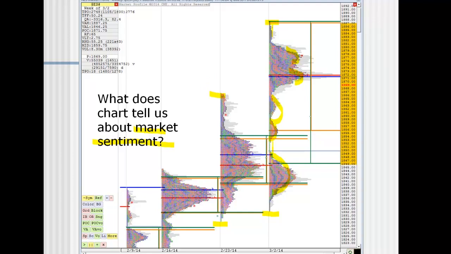Not only that, if you take a look at the way the profile looks, once we finished this intense area of activity, we seem to be jumping higher and higher very quickly. Look at these areas of underdevelopment here. The reason that we didn't have much activity here is that the market just didn't have time to waste trading in this area. It jumped higher and traded, again, look at how small the cluster is, for a short period of time, and then continued on.